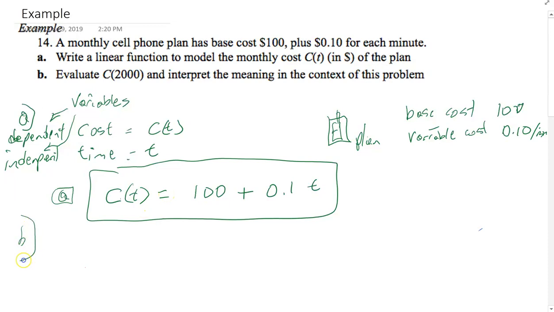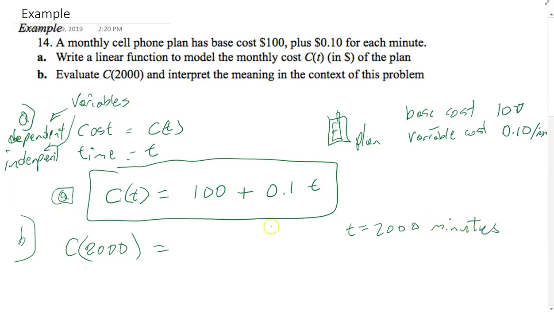Let's look at what part B is asking. It says evaluate C of 2000 and interpret the meaning in the context of this problem. Now, C of 2000, what does 2000 mean? It means that the time that we spend, t, is equal to 2000 minutes.